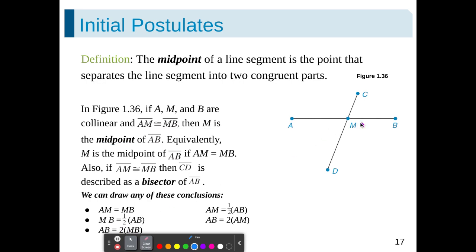We can say that the measure of MB is equal to half of AB. We can say that AB takes two of these, because if we put those together, it would be two of them, and so forth. So we have these different relationships that we can then start measuring.